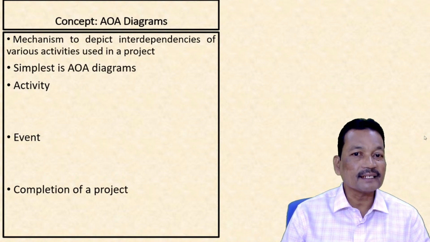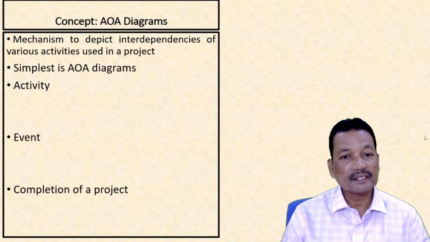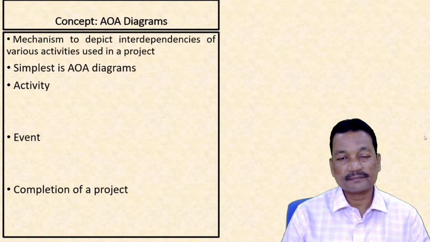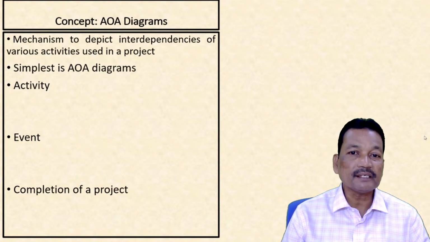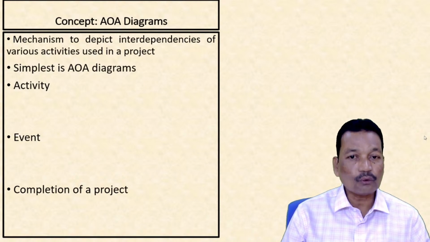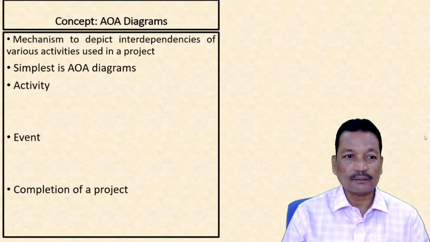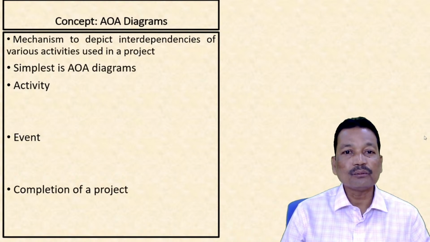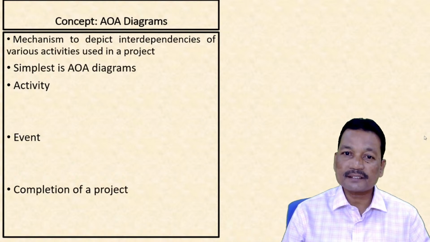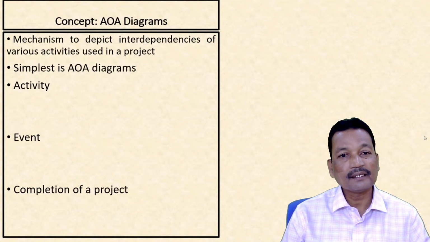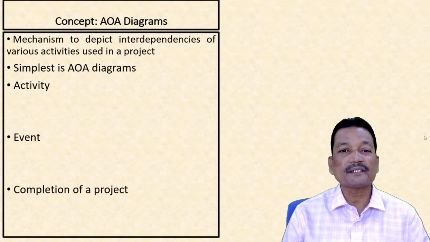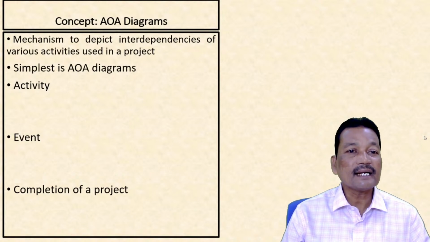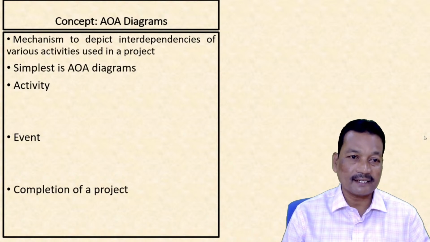Here, the roof activity can only be started after the completion of the pillars, or the core skeletal framework of the house. In a project, there are many activities which are dependent on a previous activity. That means an activity can be started only if its previous, or predecessor, activity is completed. So we can depict this through the AOA diagram.